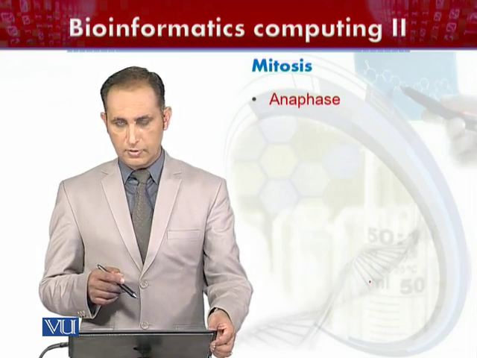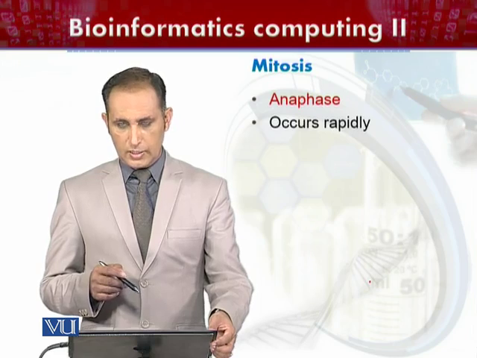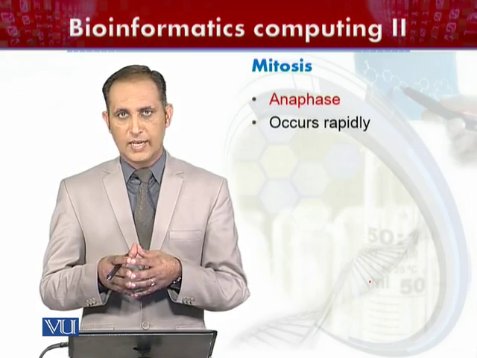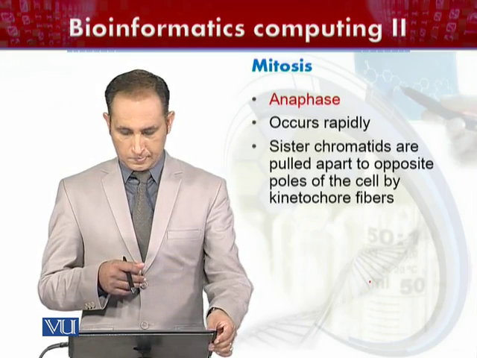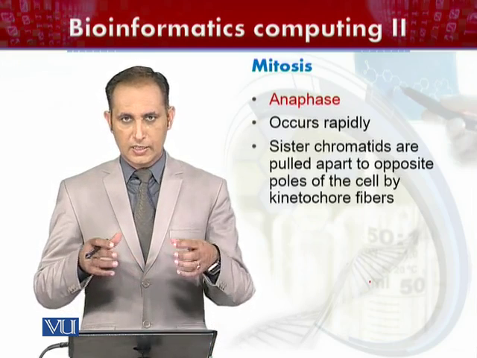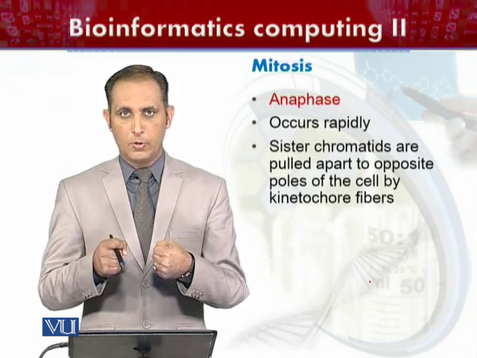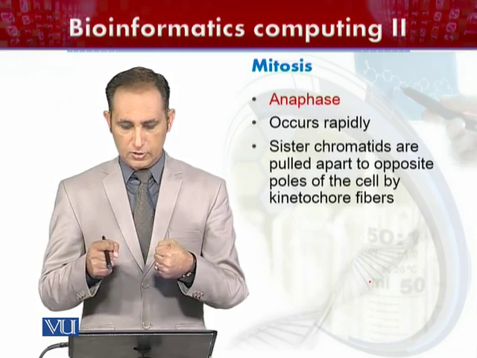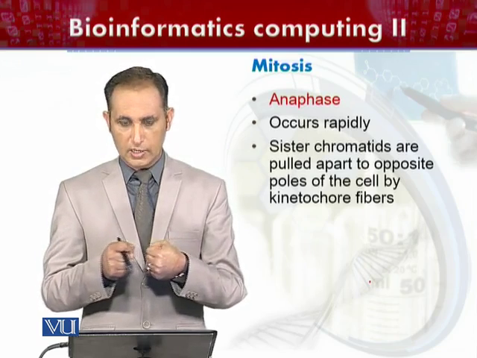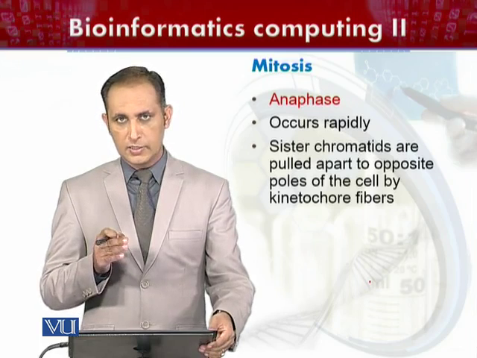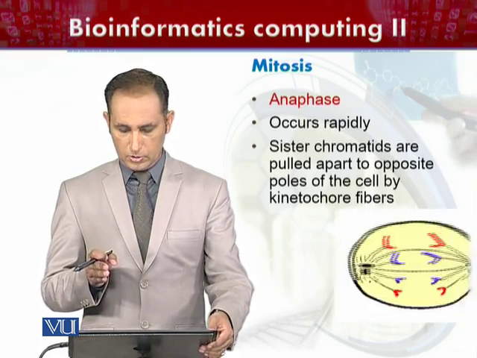Anaphase is the third phase of the mitotic division. It occurs rapidly, so this phase has a very short time span. Sister chromatids are pulled apart by the heavy pull exerted by the asters, by the kinetochore fibers, towards the opposite poles. Now they are separated from each other and start moving towards opposite poles.